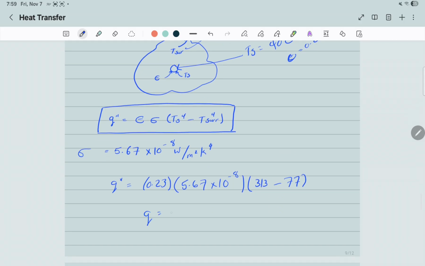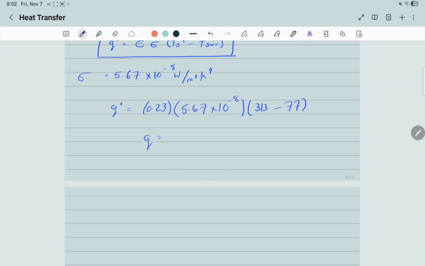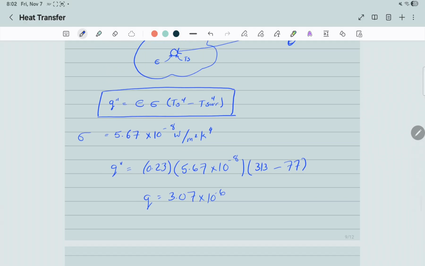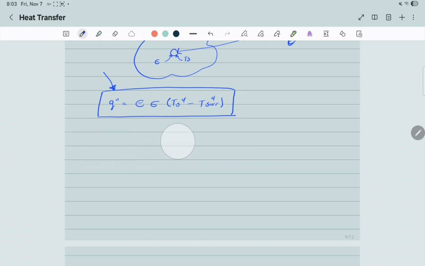For your power or your heat flow will equal 3.07 times 10 to the power -6, which does not make sense. And that is because I was solving for flux instead of solving for Q. So what I needed to do, let's erase this and start over. So what I needed to do was solve for Q.